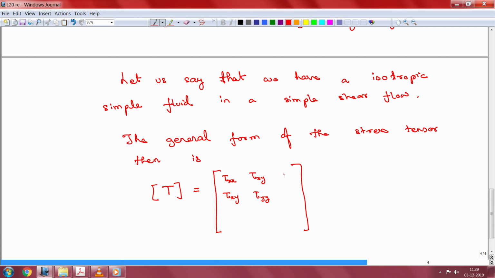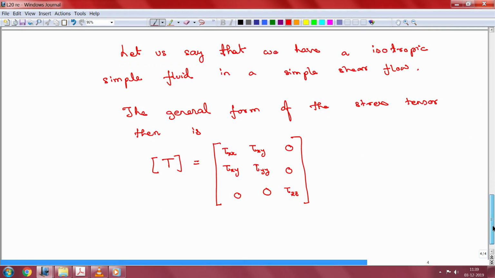And since this is basically a 2-dimensional flow, your other terms are basically 0. You cannot put a 0 here, by the way, because even though the flow is 2-dimensional, you still have a pressure term that will contribute to a normal stress, right. So this is the most generic form of the stress tensor for a simple shear case.